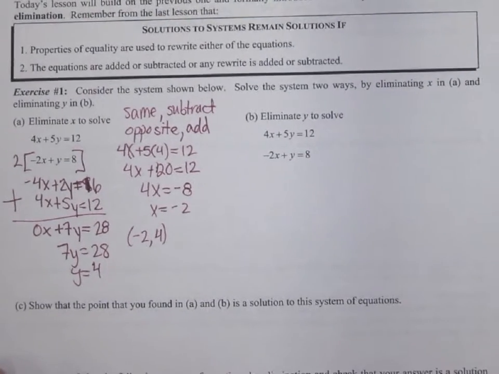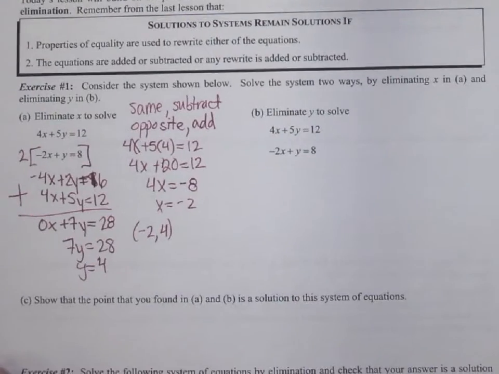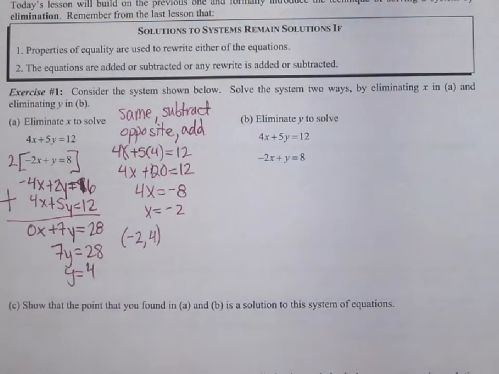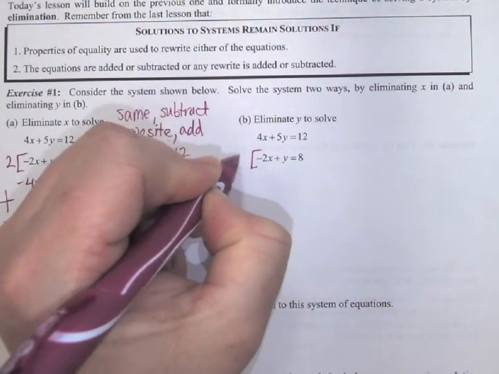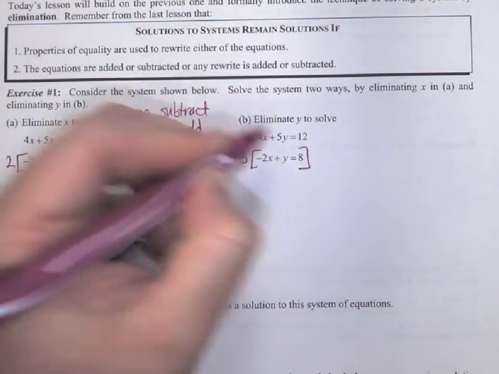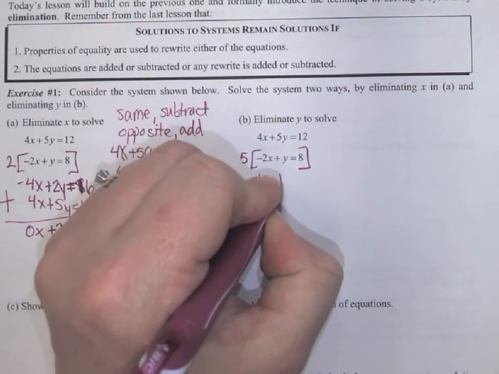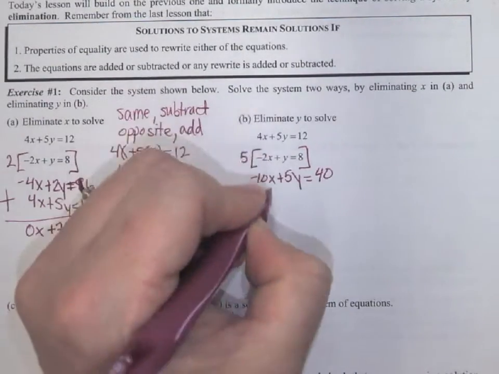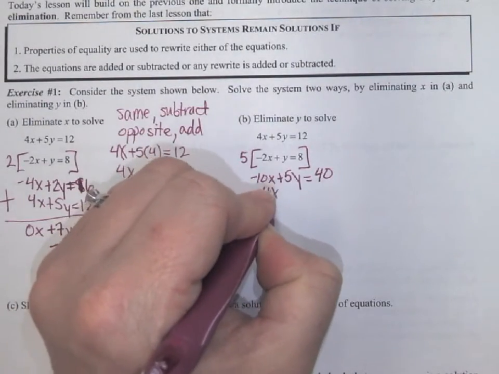All right, now I'm going to eliminate to solve for y. So here I have a 5 and I have a y. So now I'm going to multiply this second equation by 5. Bring down my original.